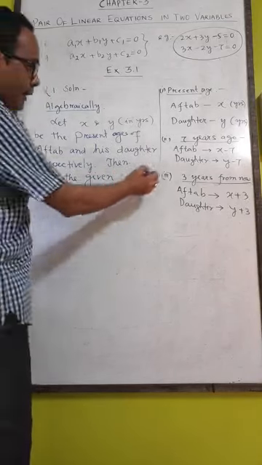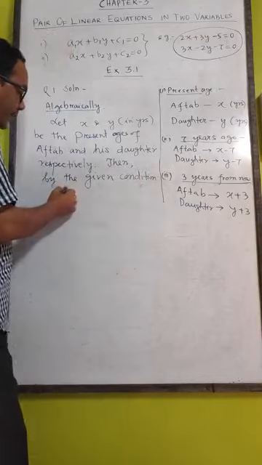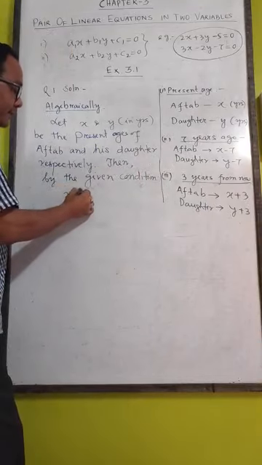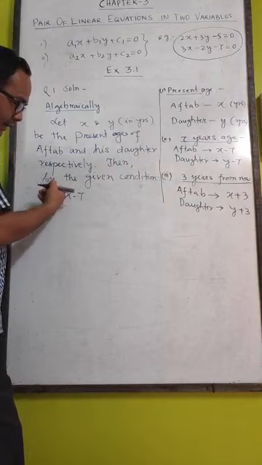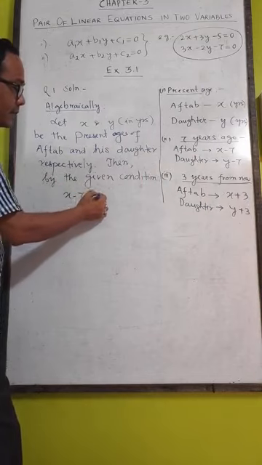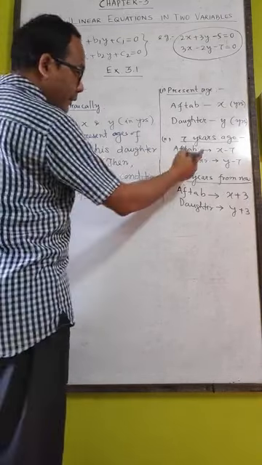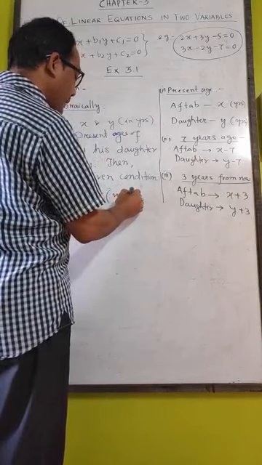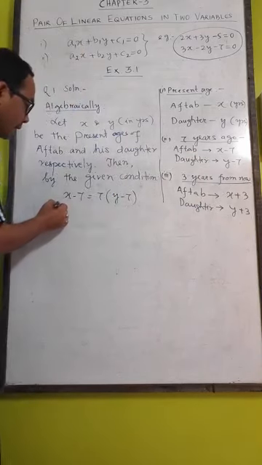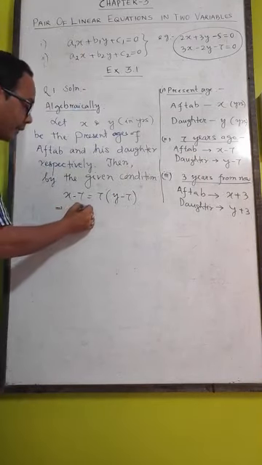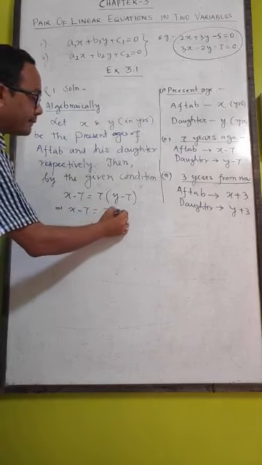We can write that Aftaf's age 7 years ago, x minus 7, is 7 times the daughter's age, y minus 7. Now let us open the bracket and simplify.